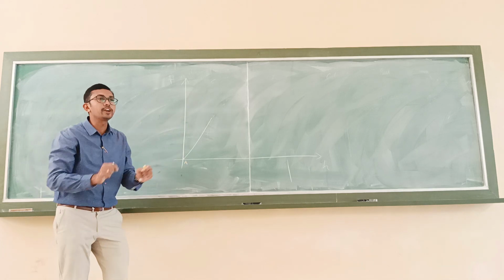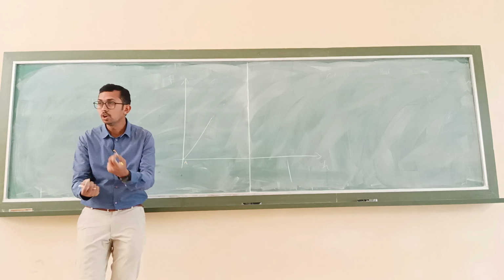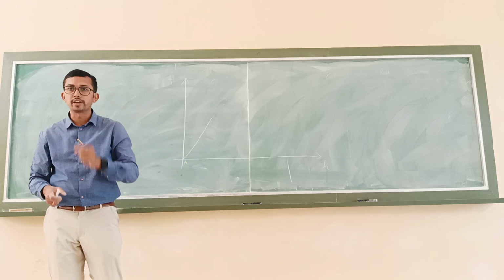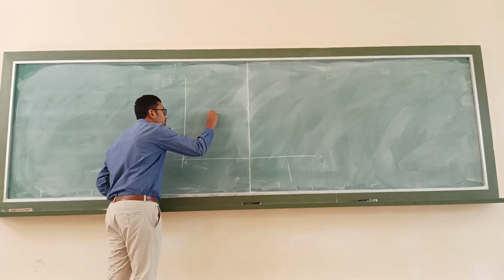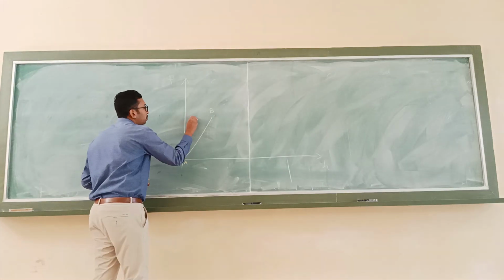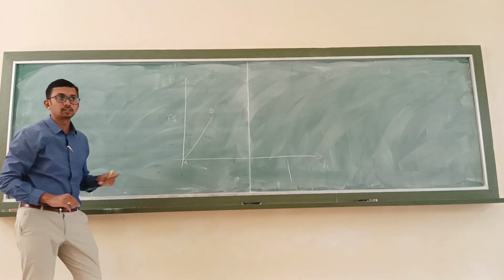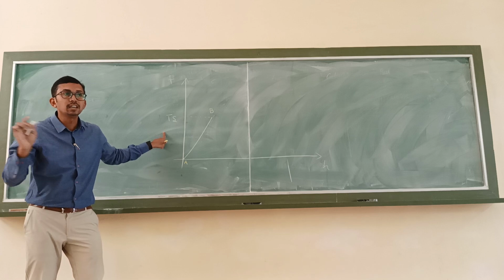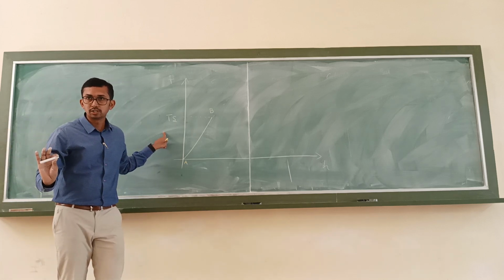At a certain point of time, the water is going to boil. That point is represented in the diagram as point B. The temperature at that point is called the saturation temperature, represented as T sat. Are you able to understand?